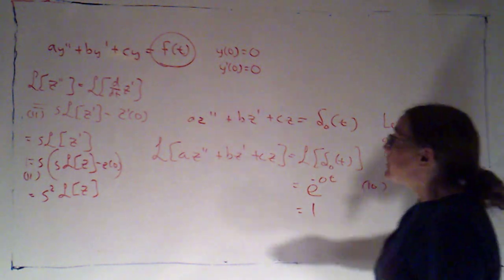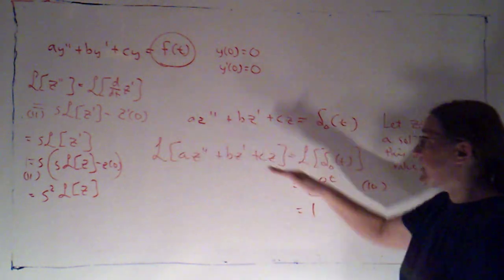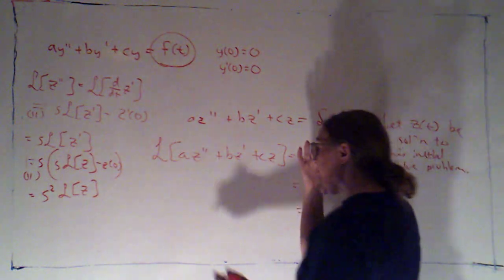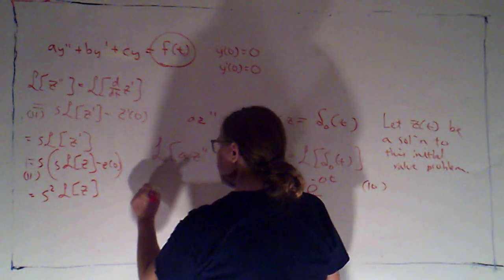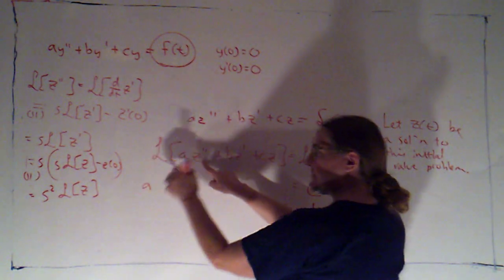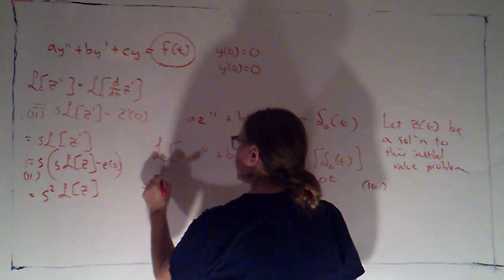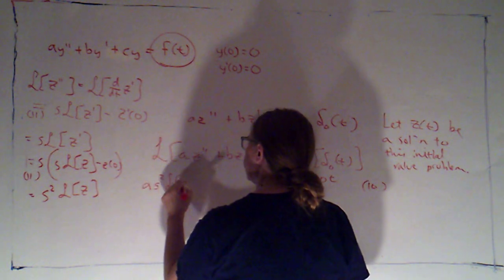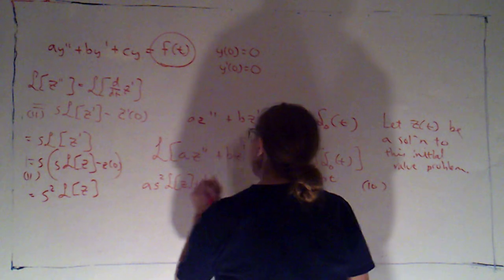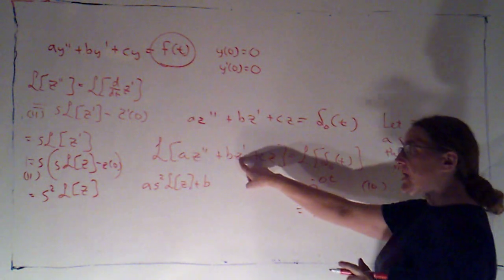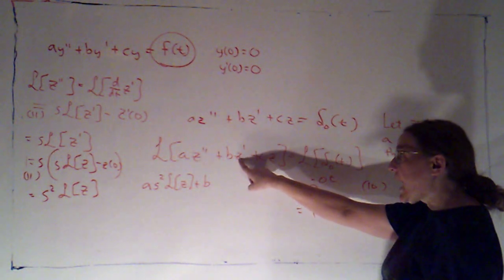So using the fact that the Laplace transform is linear, I can now say I'm getting a times the Laplace transform of z double prime, which we've just figured out is s squared times the Laplace transform of z, plus b times the Laplace transform of z prime.